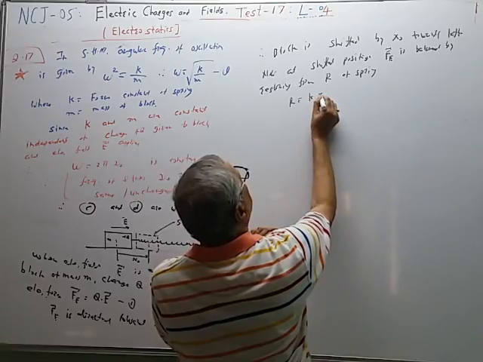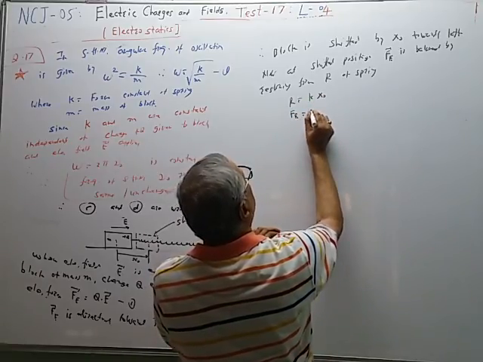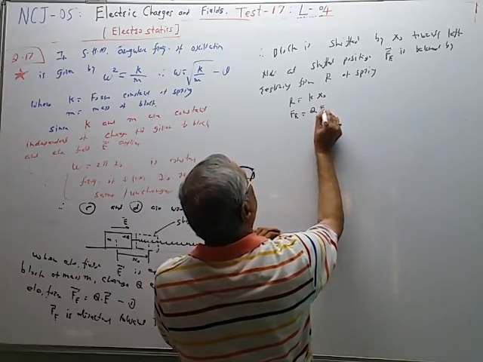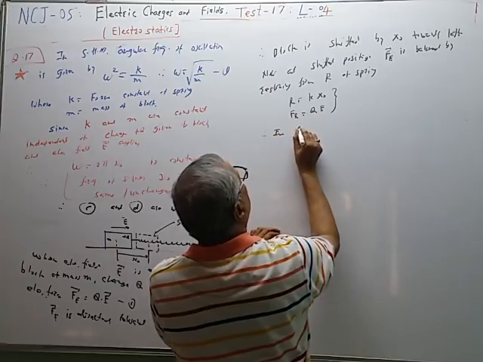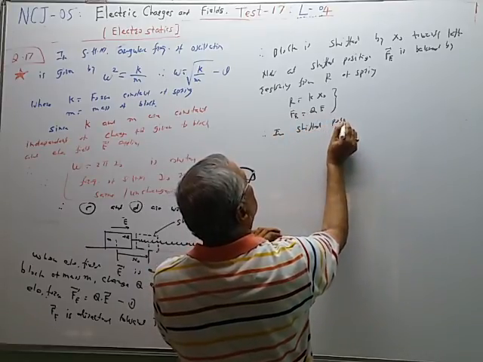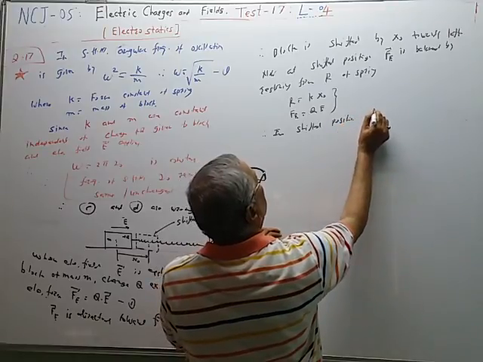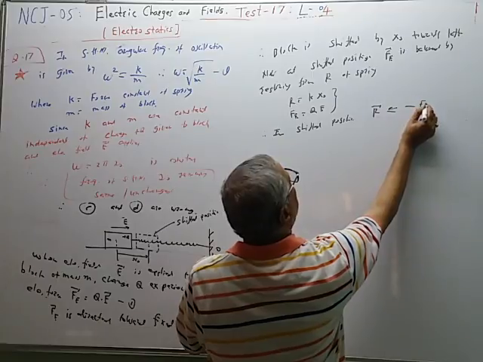R is equal to K times x0. Fe is equal to Q into E. Therefore, in shifted position, vector R is equal to minus vector Fe.